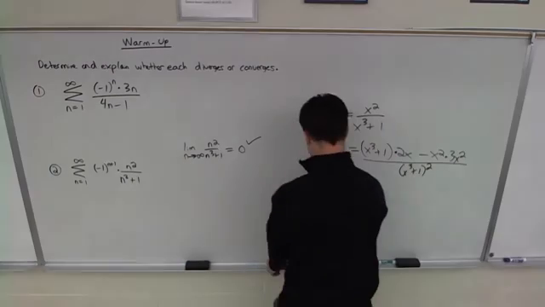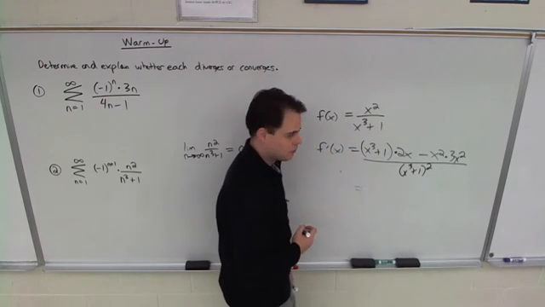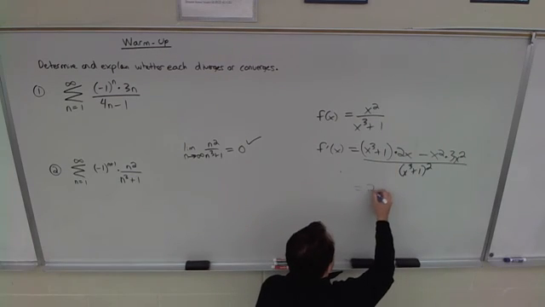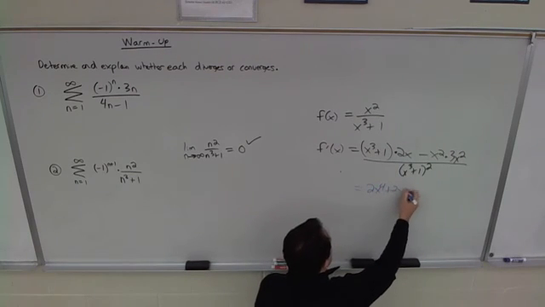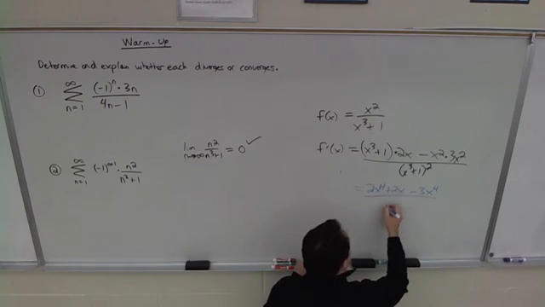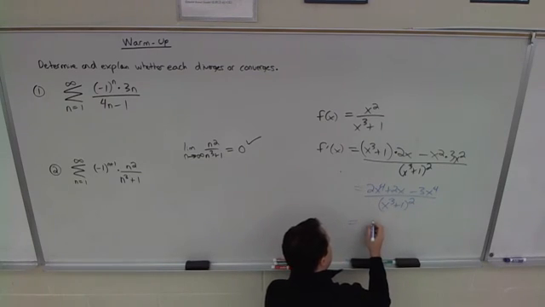Nice work. Okay, let's consolidate and see if anything drops out. Hopefully it will. All right, so we're going to have 2x to the 4th plus 2x minus 3x to the 4th. Like terms. 2 minus 3 is negative 1.